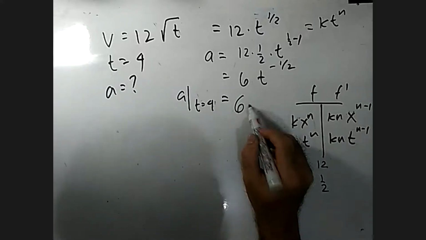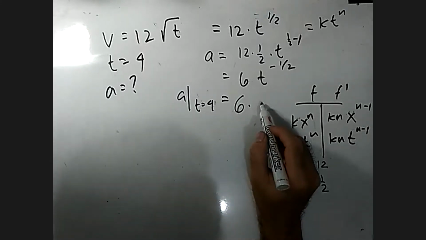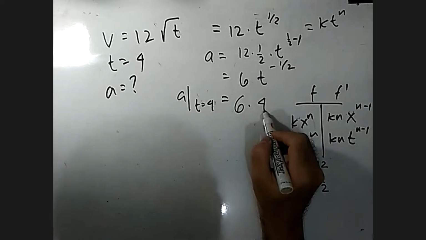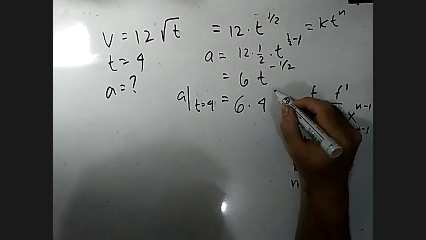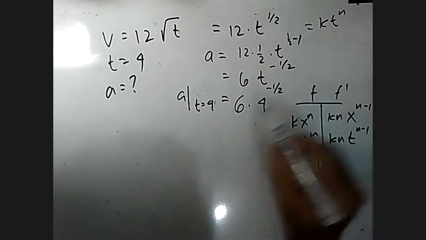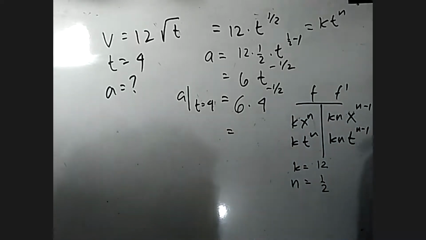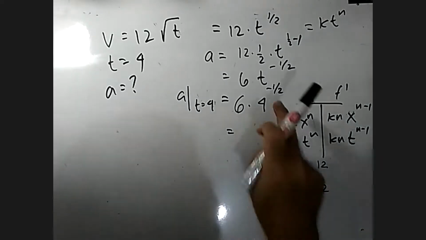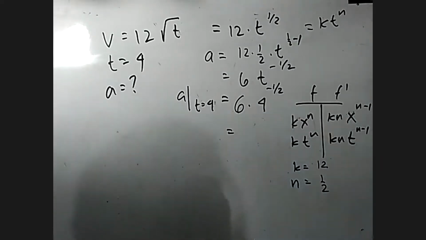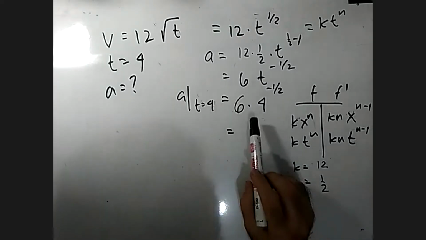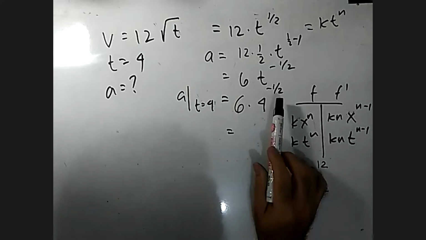Yes, because it's 6 times half times 4 to the power of, the power of minus half. Okay. Now in this case, just put it on your calculator, let it do the thinking. What is 4 to the power of negative half? In the calculator, you're going to have 6 times 4 to the power of minus half.